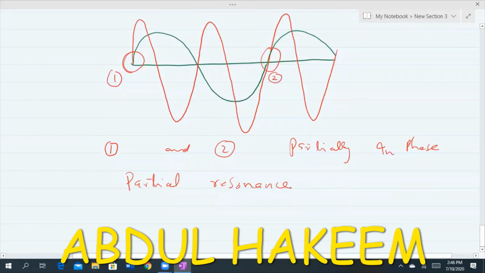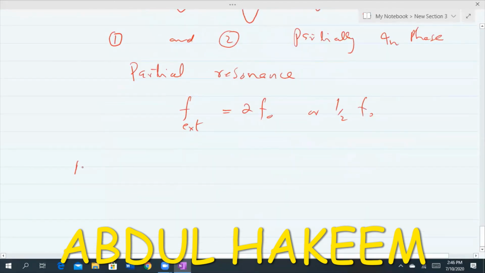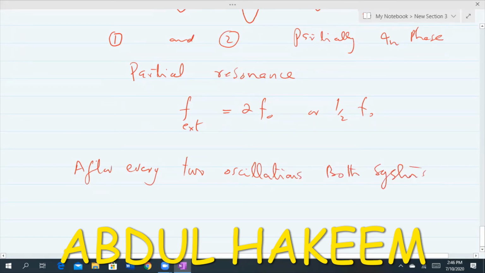Meaning the resonance will be for a short interval of time, and then the frequency mismatches, it stops. So when the frequency of the external system is double the natural frequency or half the natural frequency, after every 2 oscillations, both systems will be in phase for a short period of time.